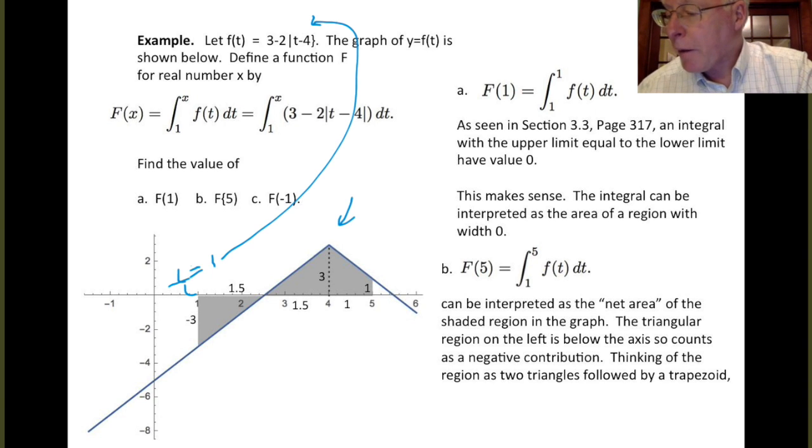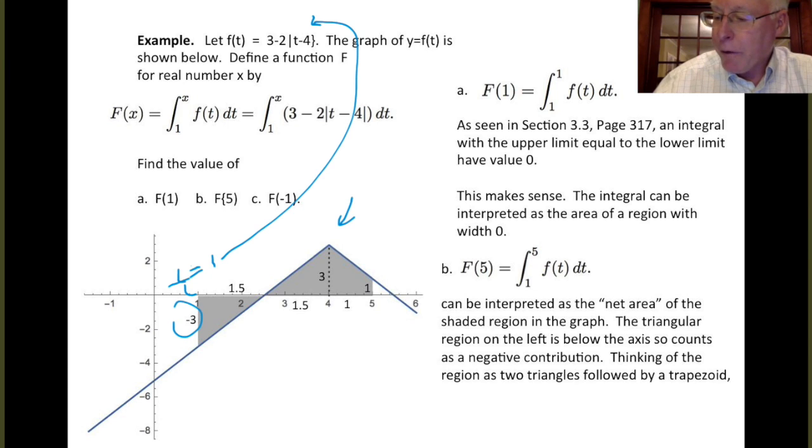You find the value comes out to be -3, and so I've put the -3 value down here to indicate the function value. F of 4 turns out to be 3, so that height will be 3. F of 5 is 1, so that height will be 1. And these horizontal distances, 1.5, 1.5, and 1 are easy to calculate. So that's everything we need to get the area of these three figures.